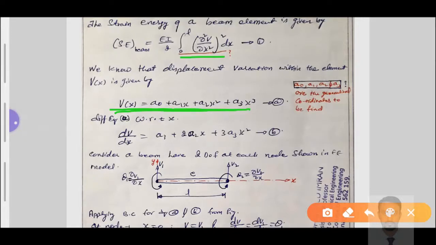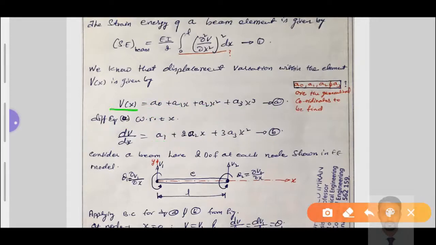So what is the first task? The first derivative of this equation. Differentiating equation number a partially with respect to x, dv/dx is equal to: differentiation of a0 with respect to x is 0; a1 is a constant and the differentiation of x is 1, so a1; a2 x², the differentiation of x² is 2x, so a2 into 2x; a3 x³, the differentiation of x³ is 3x², and a3 is a constant, so 3a3x².